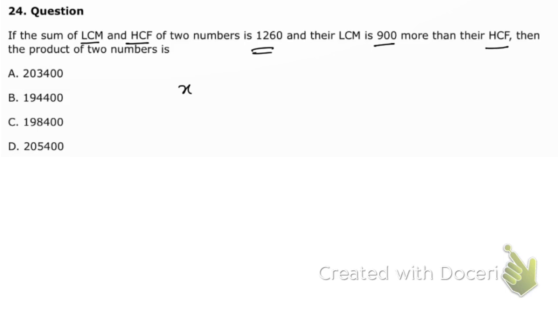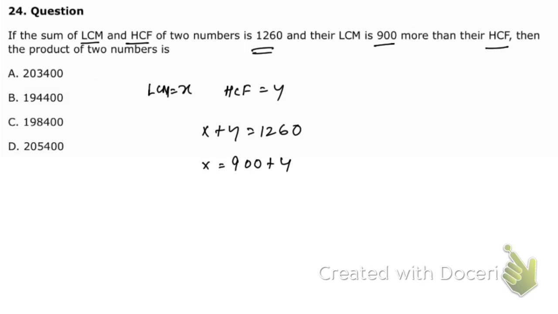Sum of the LCM and HCF. Let us take LCM as x and HCF as y. Their sum x plus y is equal to 1260, and the LCM is 900 more than the HCF, that is x is 900 more than y, right?